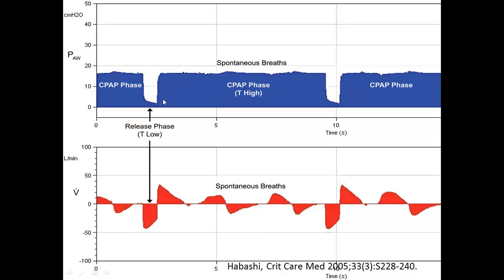You can see that when T high begins, the pressure goes up to about probably 18 centimeters of water and remains at that period until the end of time high. Then it drops down briefly during time low. Then it immediately returns back to the high pressure for the duration of time high.